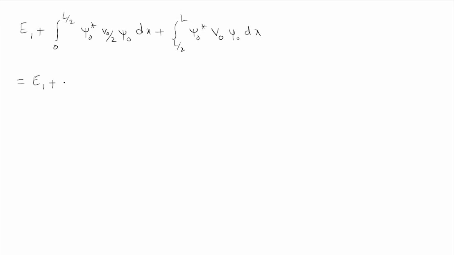So V0 over 2, I'll take it out. And here also there is a V0 outside because it's constant. I just have to integrate between this and this. How do I integrate? Can anyone do it?